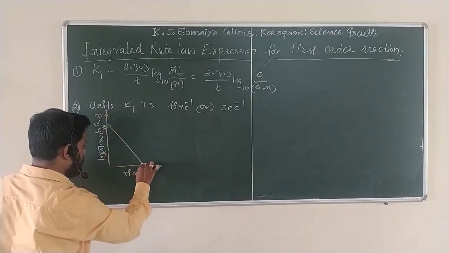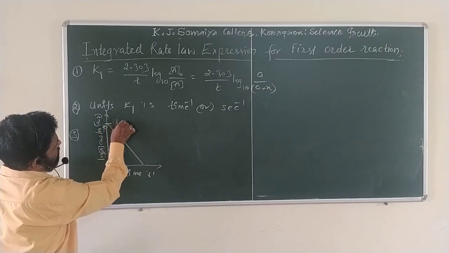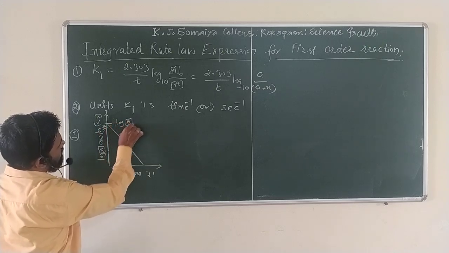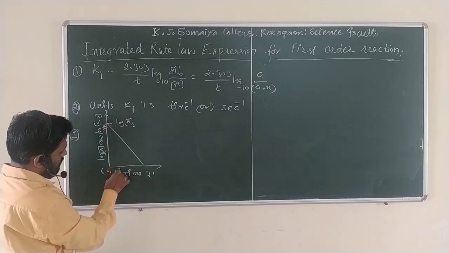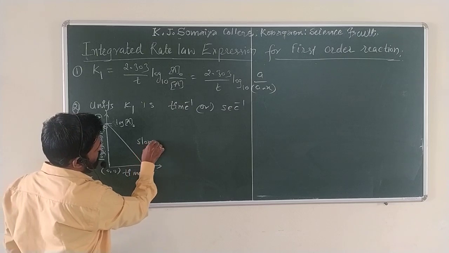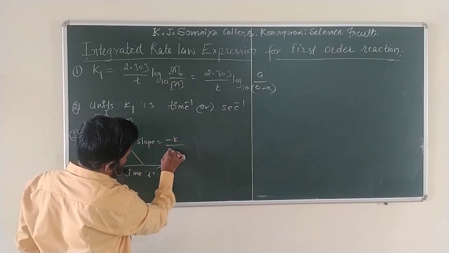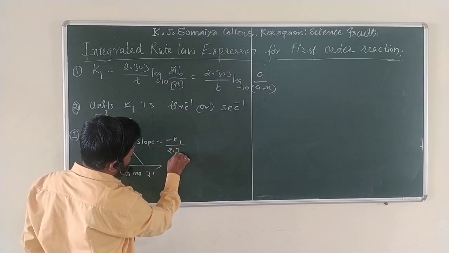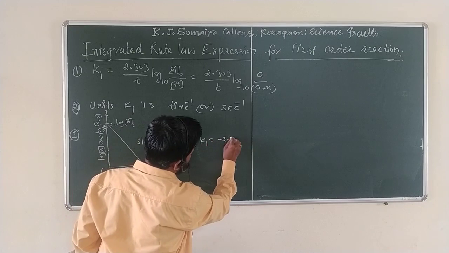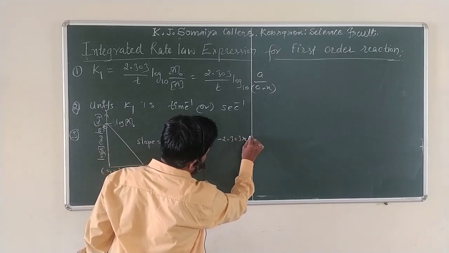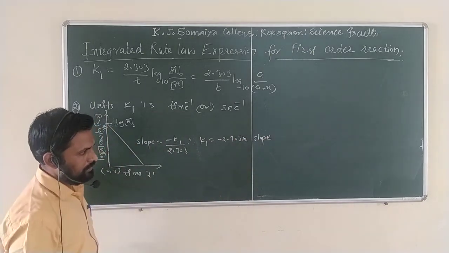If you plot a graph, this will become the y-intercept, log A0. The slope equals minus K1 upon 2.303. Therefore K1 can be calculated as minus 2.303 multiplied by the slope.